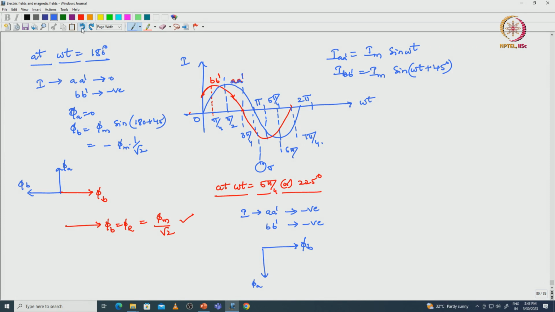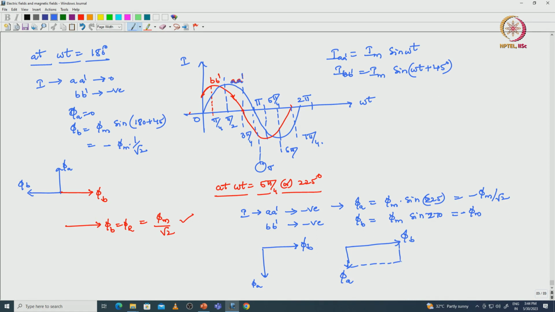Before seeing the resultant vector, what is the phi A magnitude here? Phi A magnitude is phi m sin 225, that is phi m by root 2, and phi B is phi m sin(45 plus 225), which results in minus phi m. So phi B magnitude is more, and phi A is small.